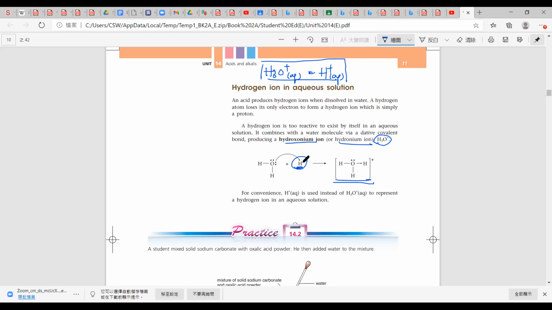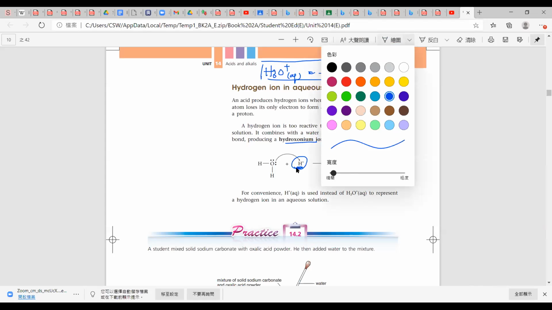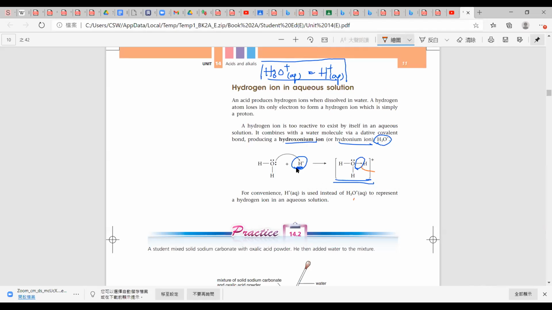But the fact is that hydrogen ions, being very small, with no electrons and a plus charge, will be easily attracted by the negative end of the water molecules. What I mean is the lone pair electrons of oxygen. They will form what bond? Can you tell me? What is that bond, with an arrow here? Do you still remember? Covalent bond. Yep, dative covalent bond to a hydrogen ion to form that species.